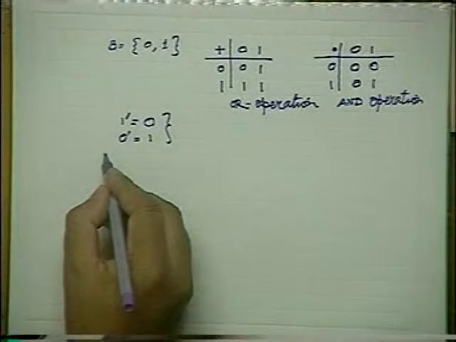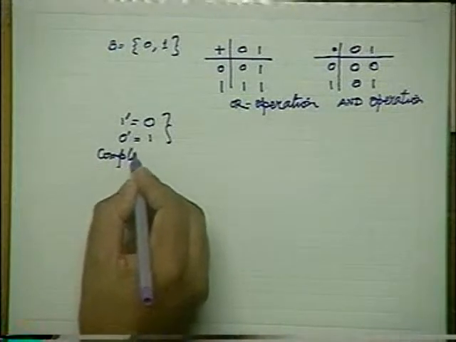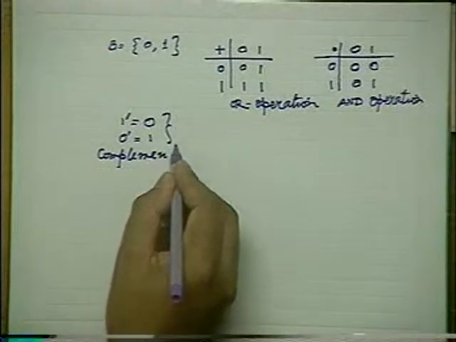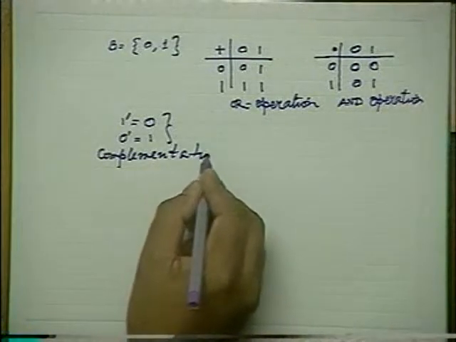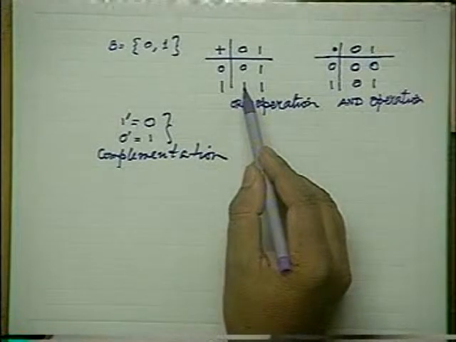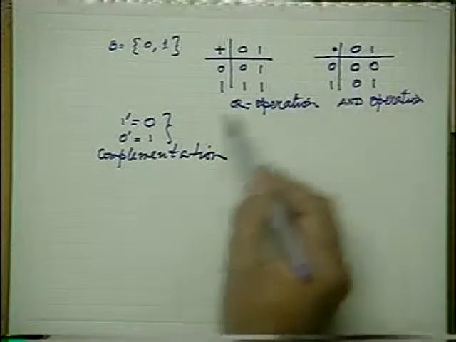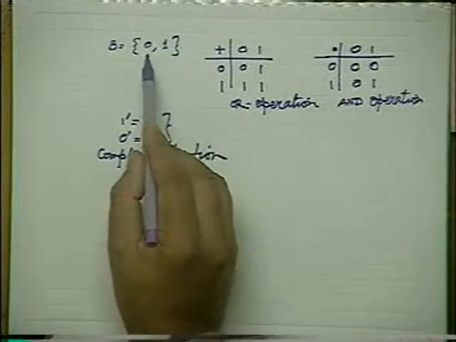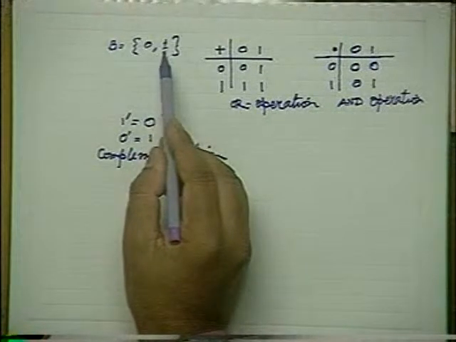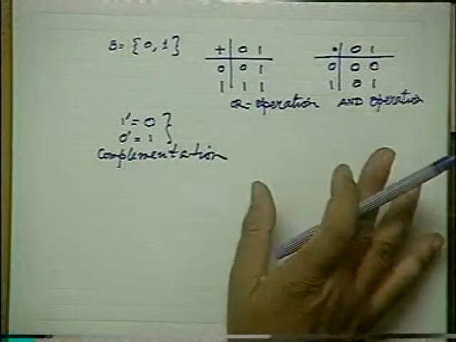This is complementation. If you check carefully, you will find that all of these come directly from the postulates and theorems, once we take 0 and 1, the identity elements, to be the only two elements.